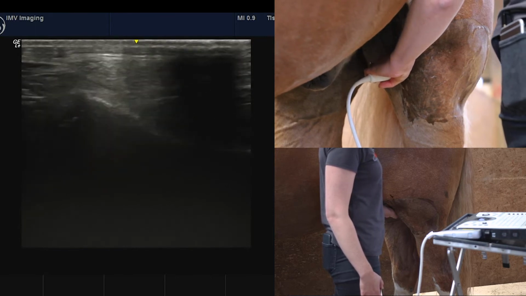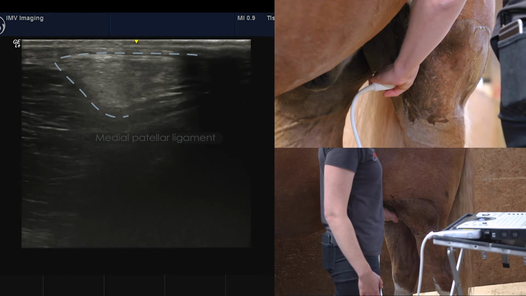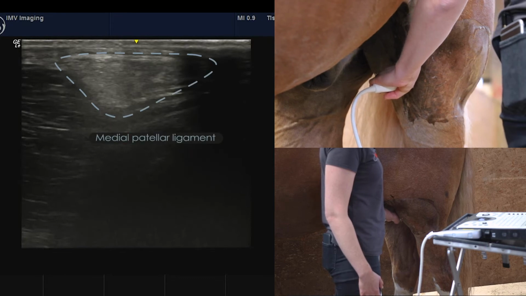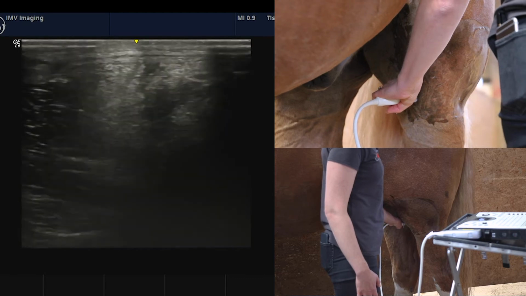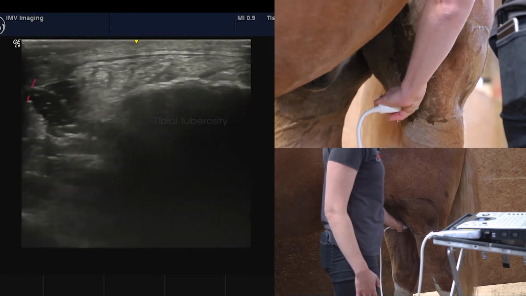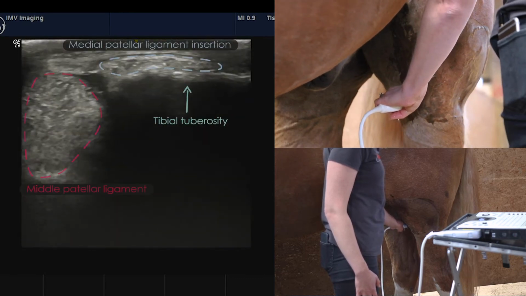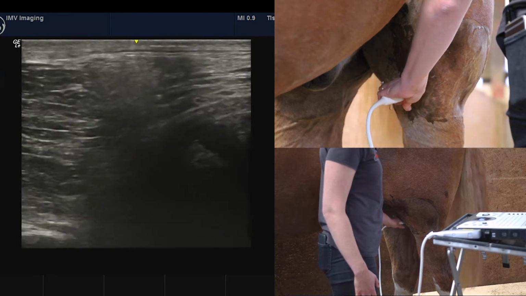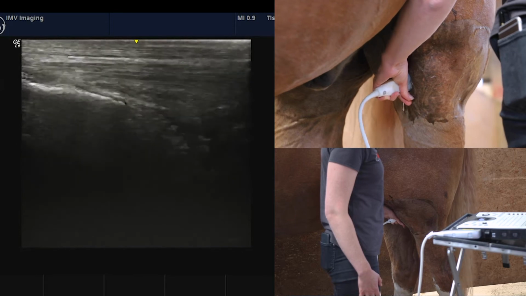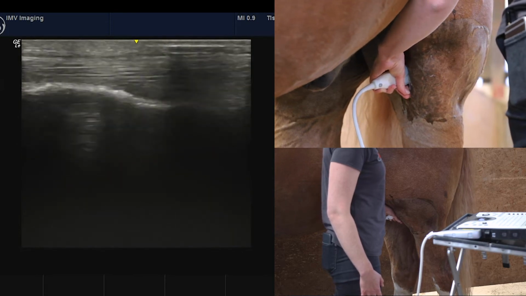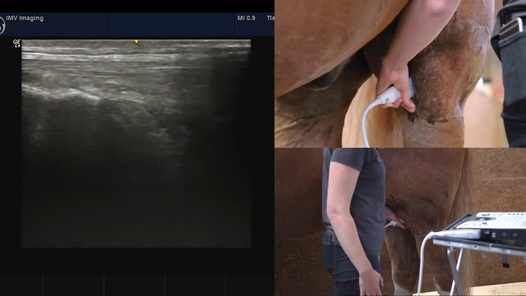Following the ligament distally, note that it has a rounded to triangular shape. And we continue until it inserts onto the medial aspect of the tibial crest.